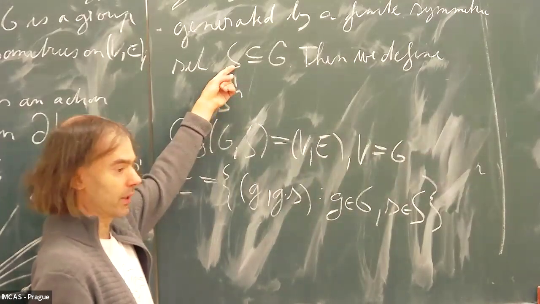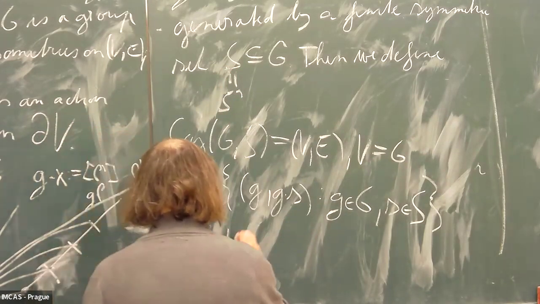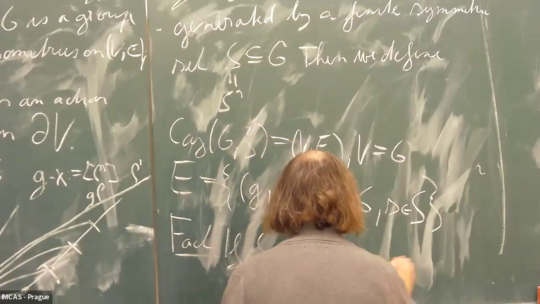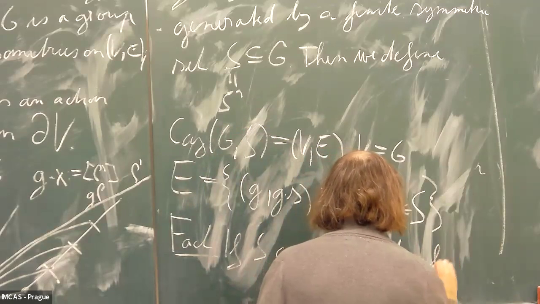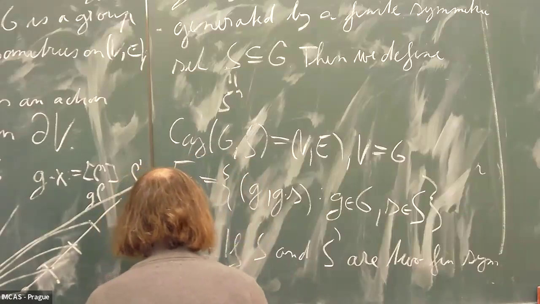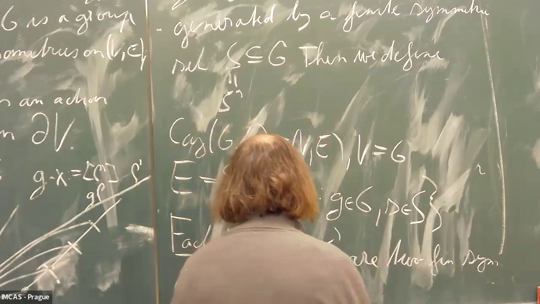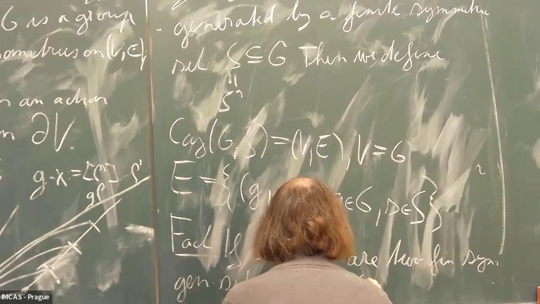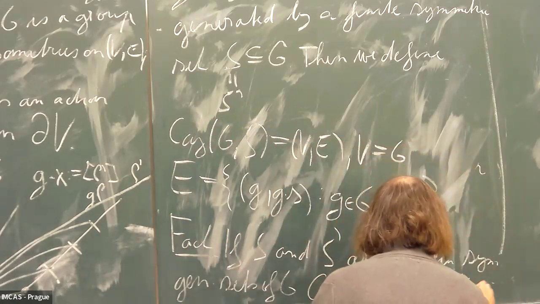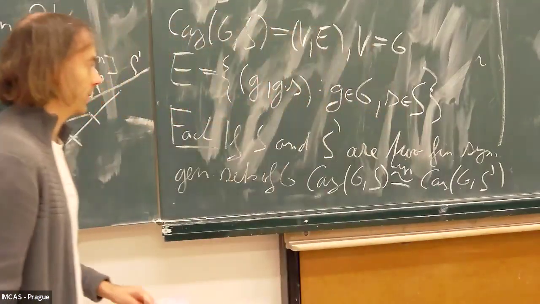We chose some generating set. Let S and S prime be two different finite symmetric generating sets of G. Then the corresponding Cayley graphs, the graph of G with respect to S and the graph of G with respect to S prime, are bi-Lipschitz equivalent.